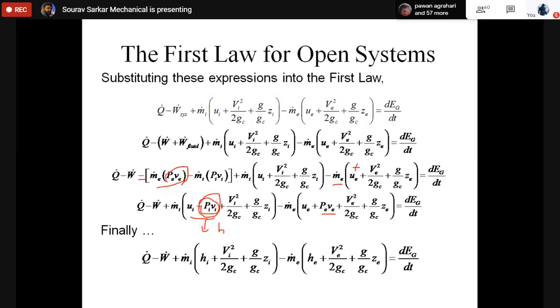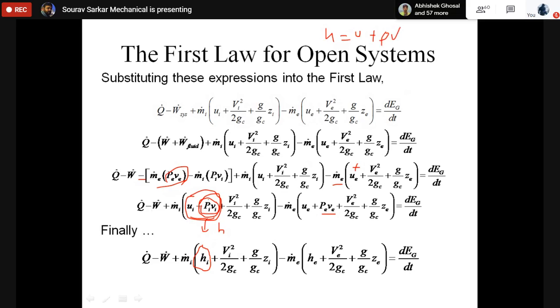So if we replace this U plus Pv in this equation, it contains the flow work plus the internal energy. That is basically called the enthalpy. That is the definition of enthalpy. H is equal to U plus Pv. Why is it called H? It is defined like this. It is a definition. Okay.